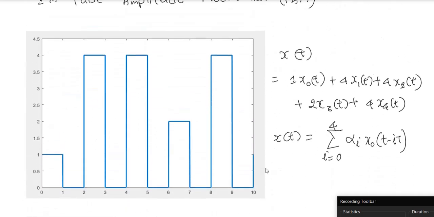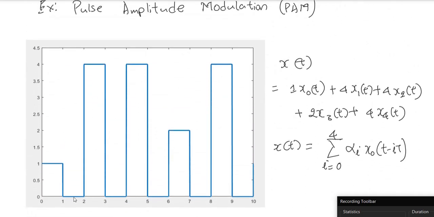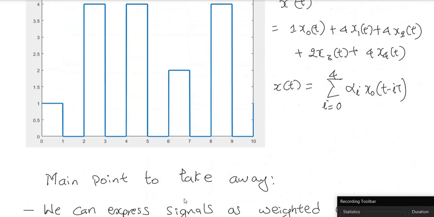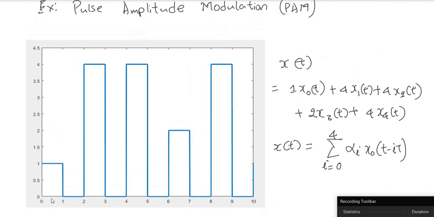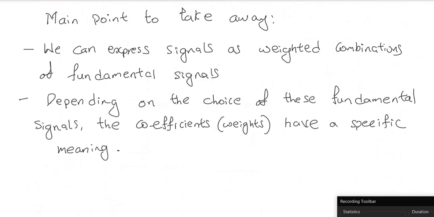So in this case, we chose our fundamental signals as these shifted pulse signals. If that was our choice, then these coefficients basically are telling us what is the amplitude. The ith coefficient is telling us the amplitude in the ith time interval, right? So if you choose a different set of fundamental signals, then those coefficients will mean something else. So that's the key takeaway.